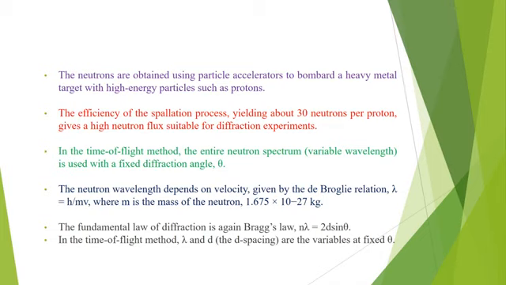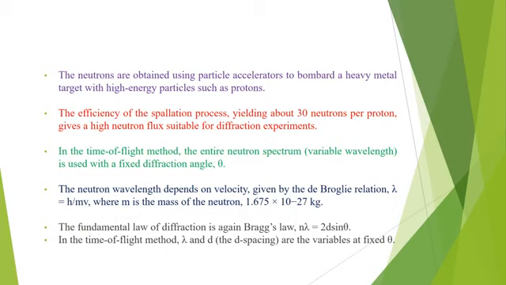A recent exciting advance used a pulsed neutron source coupled with time of flight analysis. The neutrons are obtained using a particle accelerator to bombard a heavy metal target with high energy particles such as protons.